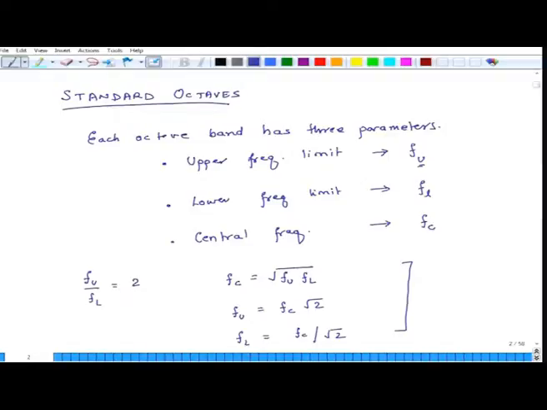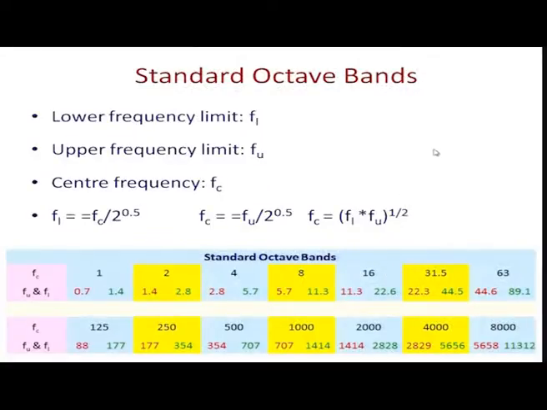With this context in mind, let us see what the industry standard octave bands are. I am going to show you a slide where some of these bands are listed, not all of them. This is the central frequency for different octave bands.